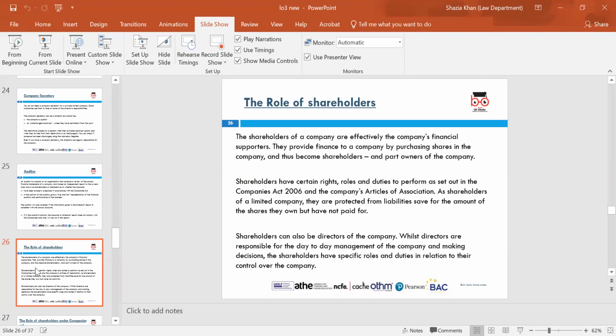As shareholders of a limited company, they are protected from liabilities, save for the amount of shares they own but have not paid for. Shareholders also can be directors of the company. Whilst directors are responsible for the day-to-day management of the company and making decisions, the shareholder has specific roles and duties in relation to the control over the company.